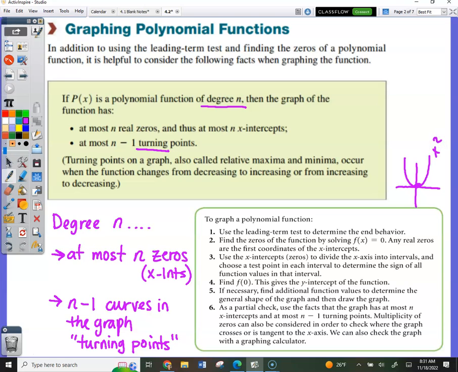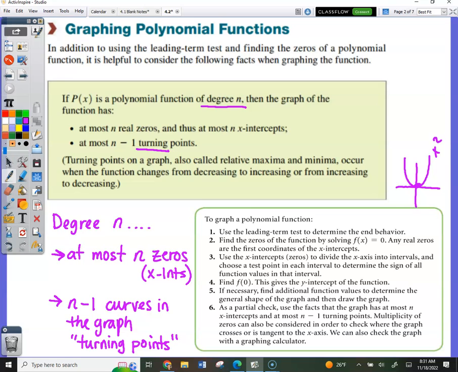Where's the second answer? I'm not telling you exactly how many there are every time. I'm telling you there is a relationship: whatever the degree is sets the tone for how many possible answers there are.